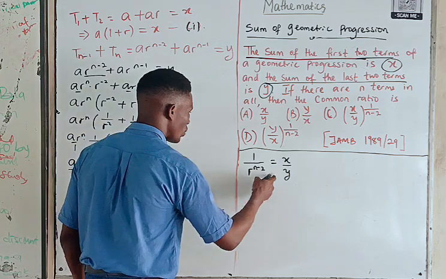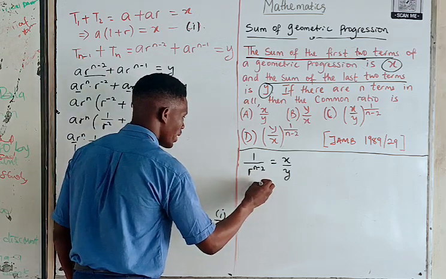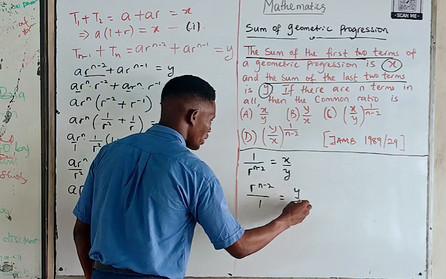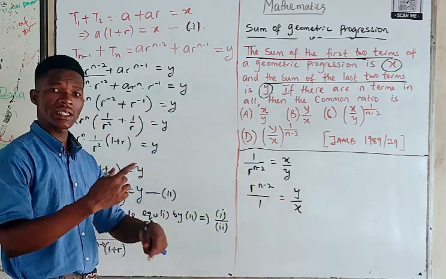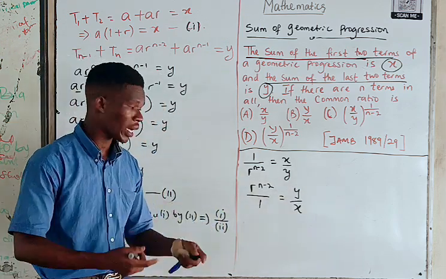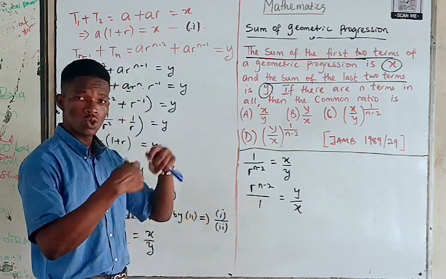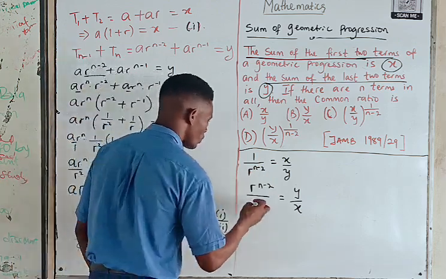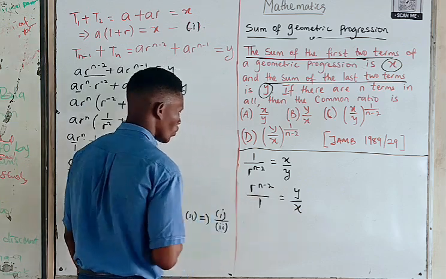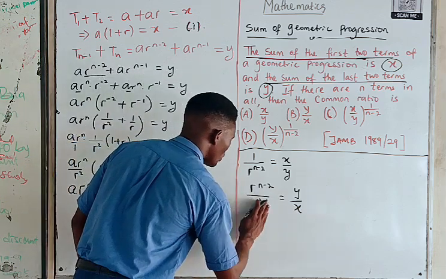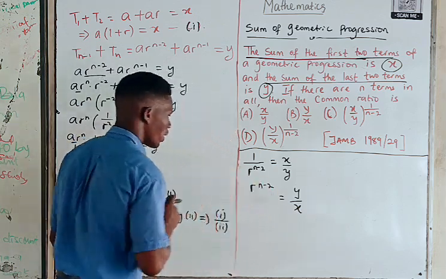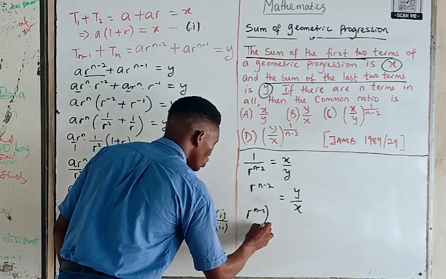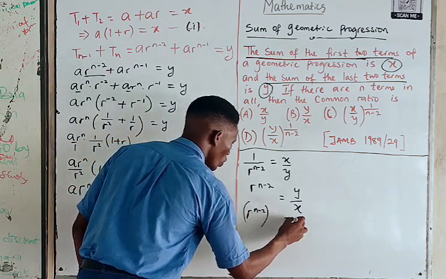Taking the reciprocal of both sides, this becomes R^(n-2) over 1 equals Y over X. This is what I mean by taking the reciprocal: the denominator becomes the numerator on both sides. So now we have Y over X.